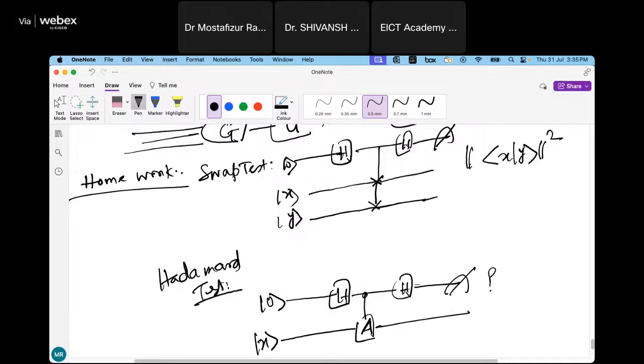Let me just check this circuit. So this should give us X, A, X, this expectation calculation.